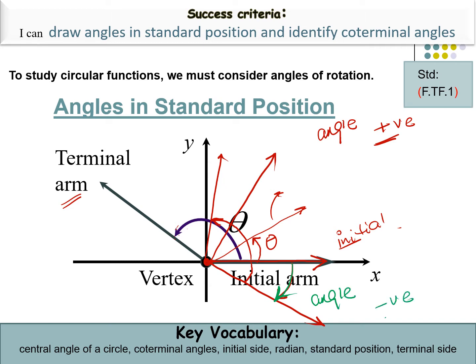So keep it in mind: on rotating the terminal side in the anti-clockwise or counterclockwise direction, we make a positive angle. On the contrary, if we rotate our terminal side in the clockwise direction, we will definitely get a negative angle.